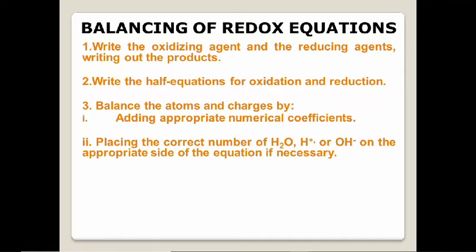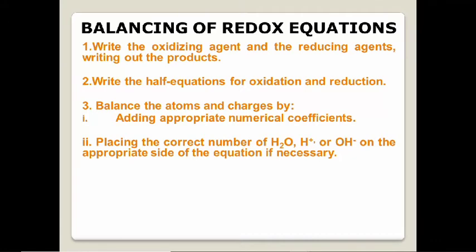Then there is a need to place the correct number of water molecules, hydrogen ions or hydroxide ions. So you use hydrogen ion when there is a deficiency of hydrogen in one of the sides of the equation. So you add hydrogen to the part that is deficient, and you add H2O, water, to the part that is deficient of oxygen.